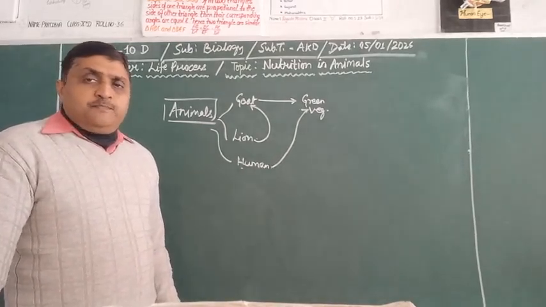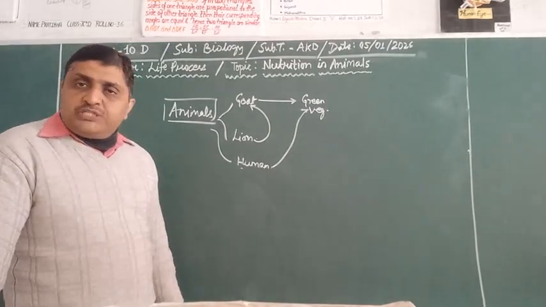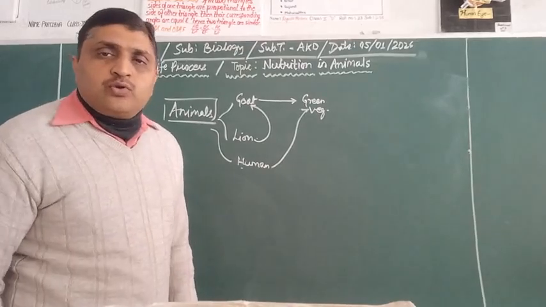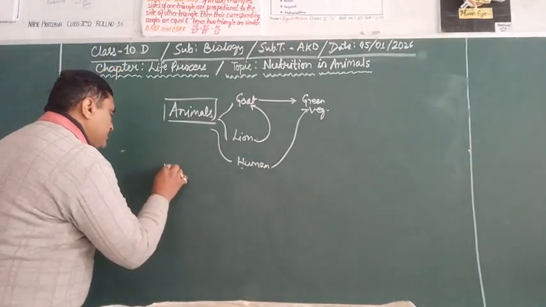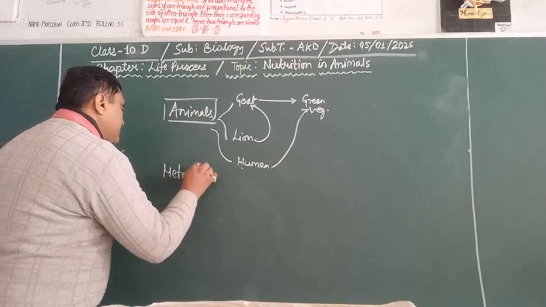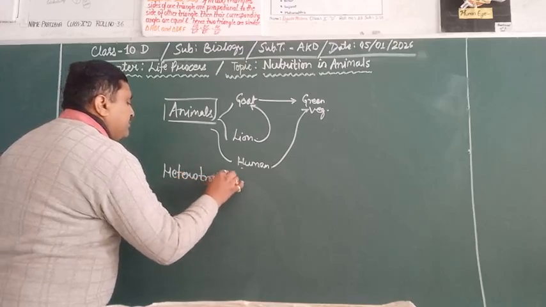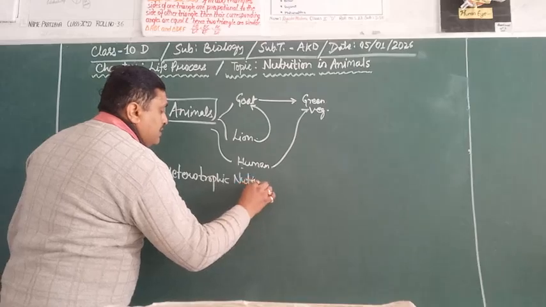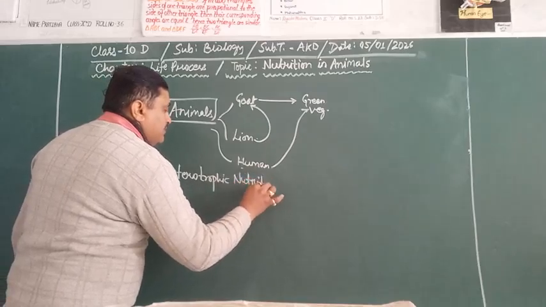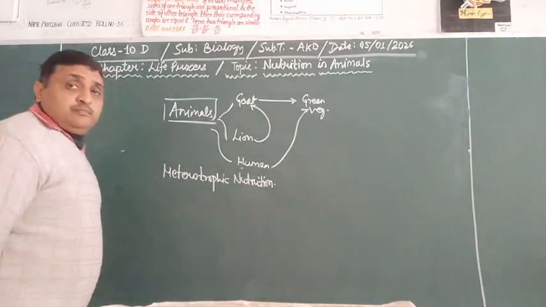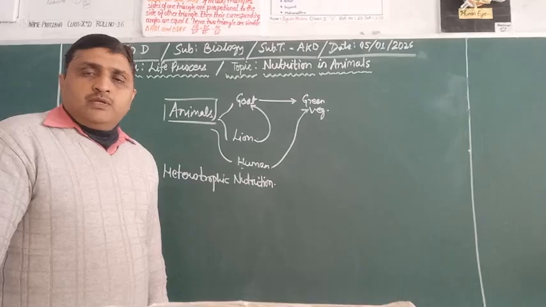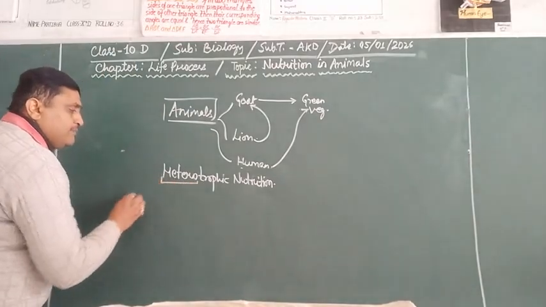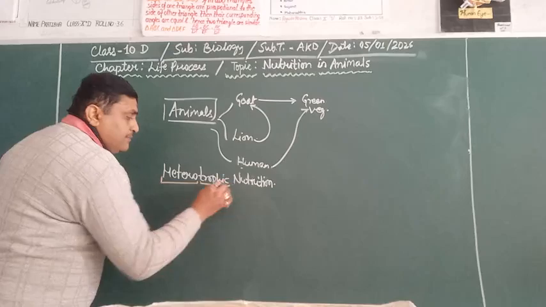Overall, we say that this nutrition pattern is known as heterotrophic nutrition. Heterotrophic has two words: hetero means different, and trophic means food material.